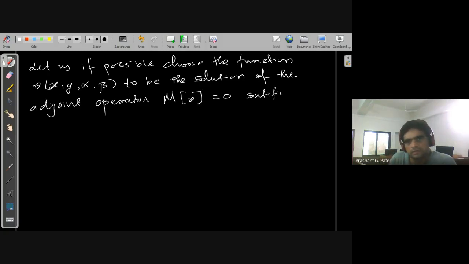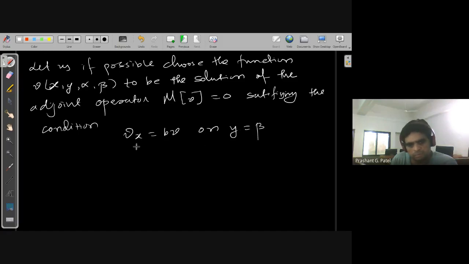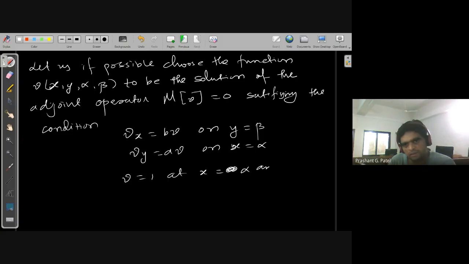satisfying the conditions: Vx is equal to BV on y equal to beta, Vy is equal to AV on x equal to alpha, and V equal to 1 at x equal to alpha and y equal to beta. So the solution of M will satisfy this.